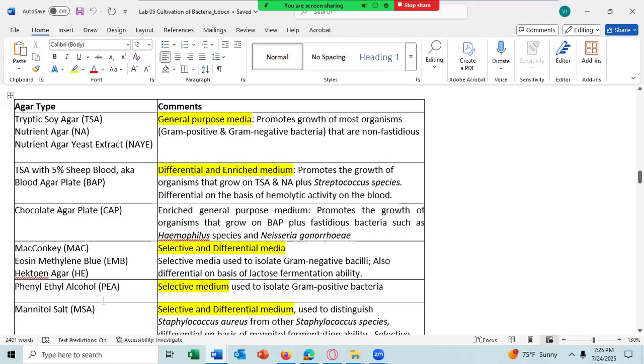There's also PEA, phenyl ethyl alcohol. This is a selective medium. It selects against gram negative, so it's selecting for gram positive bacteria. And if it grows on PEA, it's likely to be gram positive bacteria.